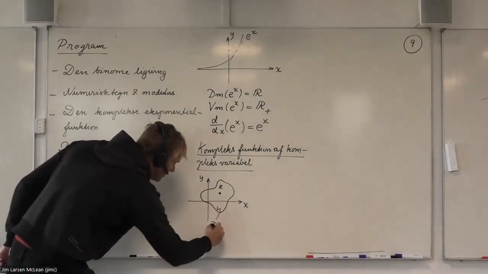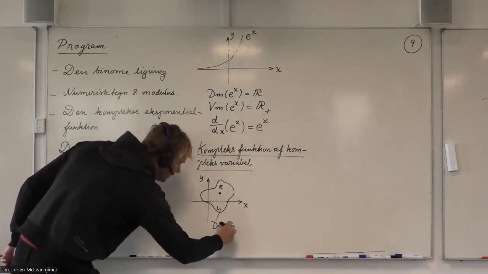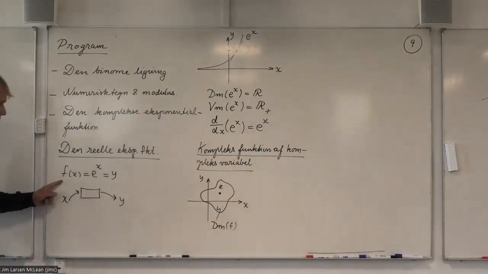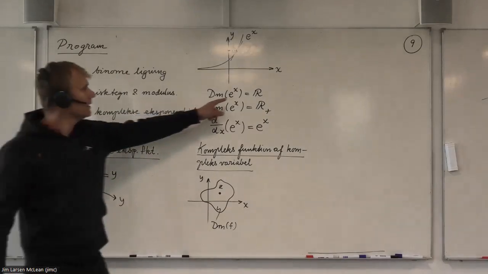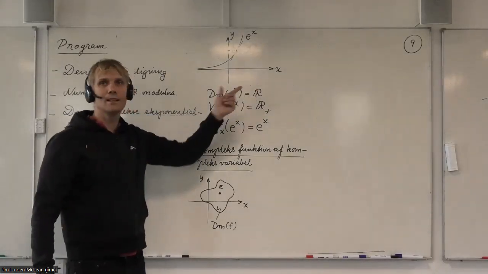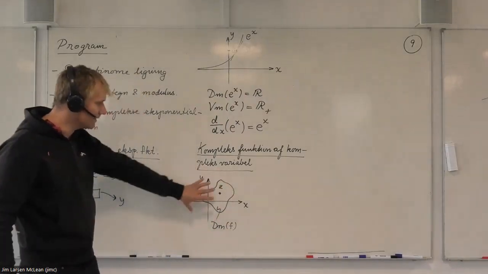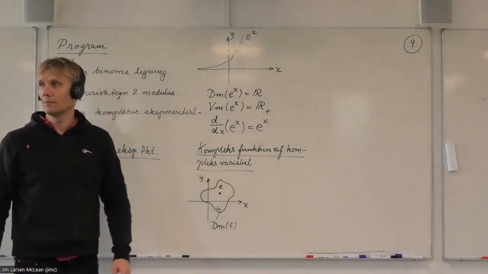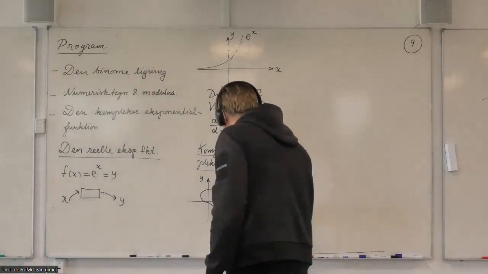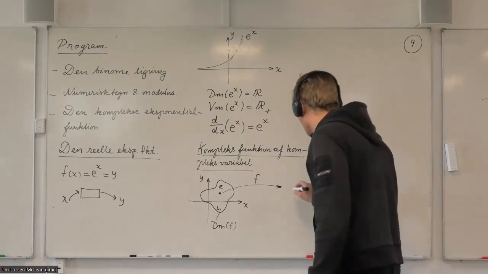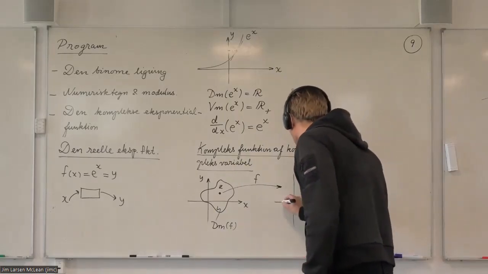So you can see that our domain for a complex function f is a region in the plane, where the domain for a real function here was either the entire real axis or a subset of the real axis. So now it's either the entire plane or a subset of the plane that is our domain. So you take this z and then you send it off with the function f, and then you land in a new version of the complex plane.